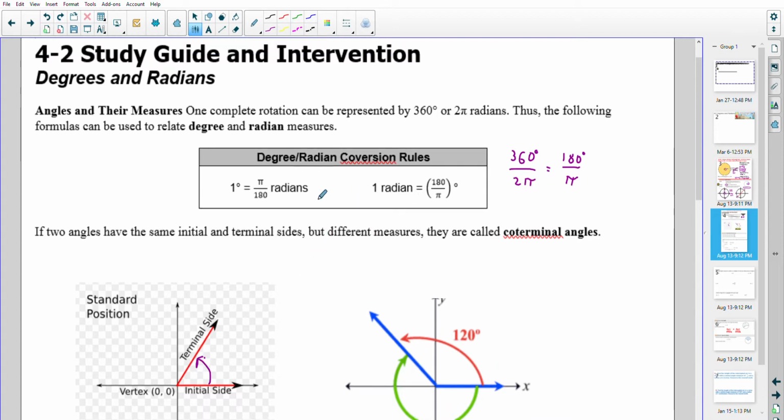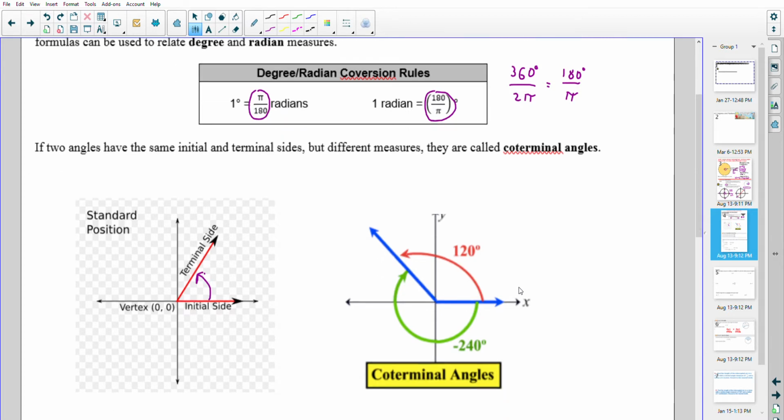Now, as you saw before, 180 degrees is the same thing as pi radians. And so that's going to be your conversion back and forth. So you're either going to multiply by pi over 180 when you convert, or multiply by the other way around.